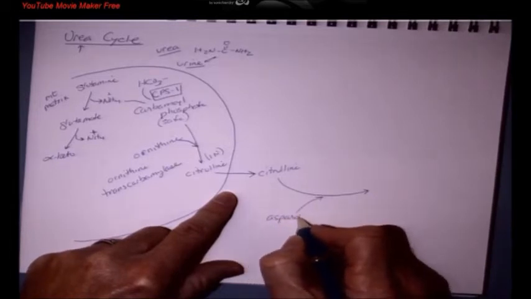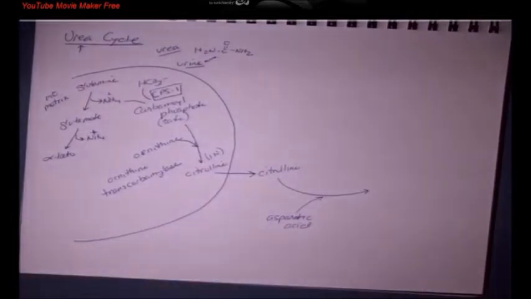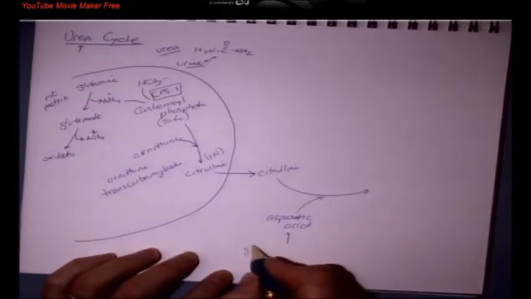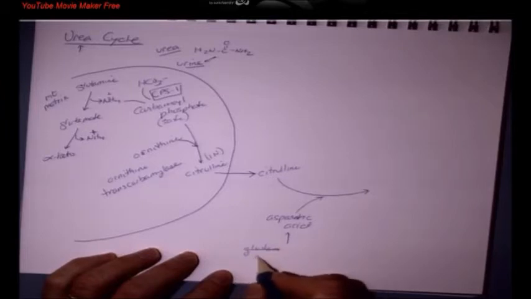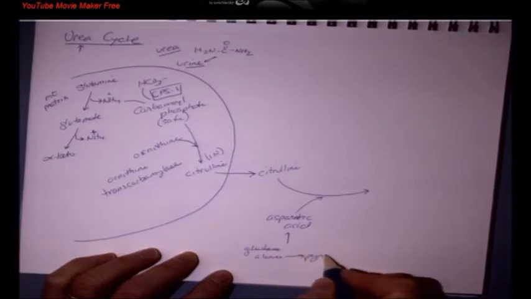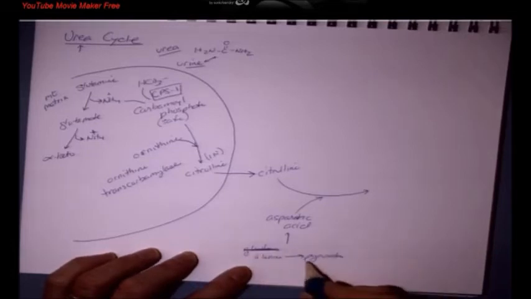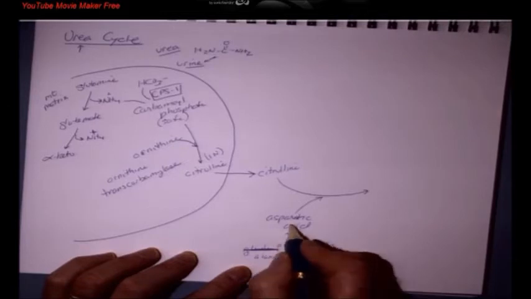aspartic acid. So here's our aspartate. And remember, this came from our conversion of alanine to pyruvate that we saw, which is going to create oxaloacetate to aspartic acid.